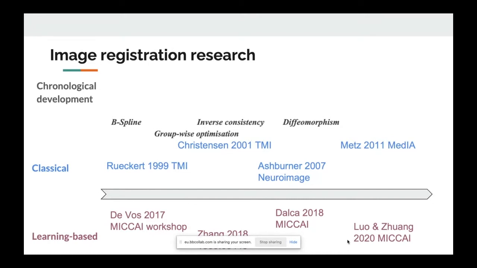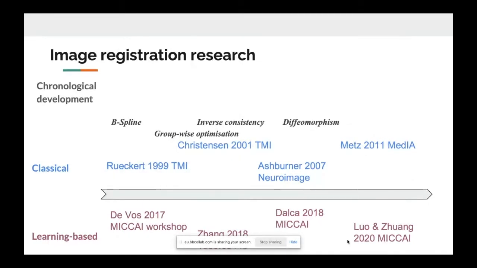So at the top, above this long arrow, I have sampled a few key papers, by no means comprehensive reviews, of the classical algorithms developed from two decades ago and possibly 10, 15 years after for classical registration algorithms.